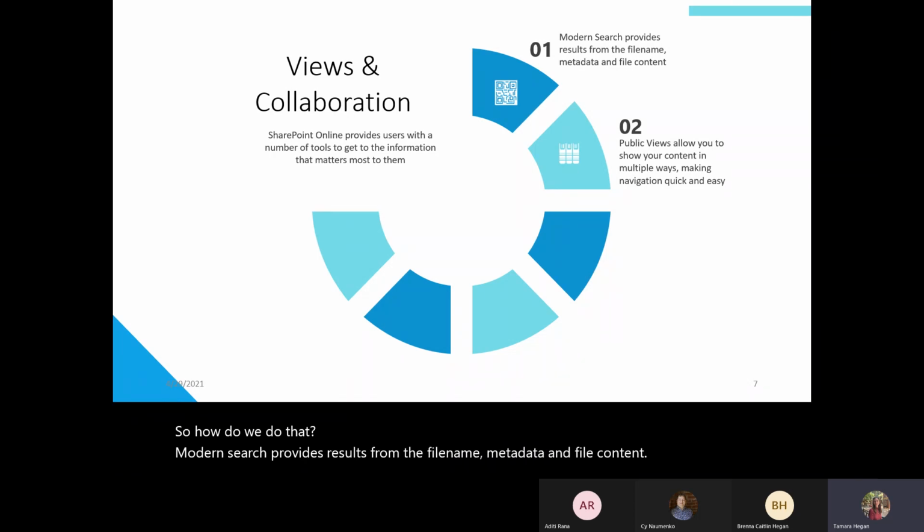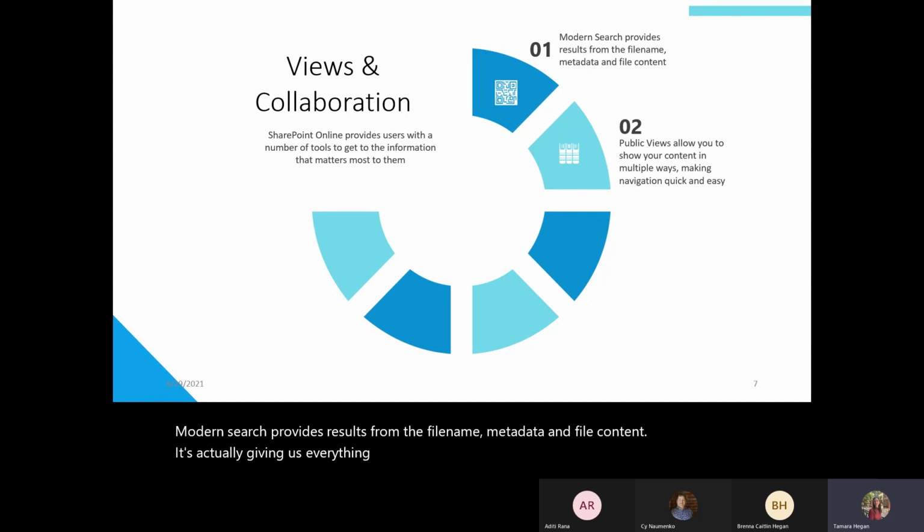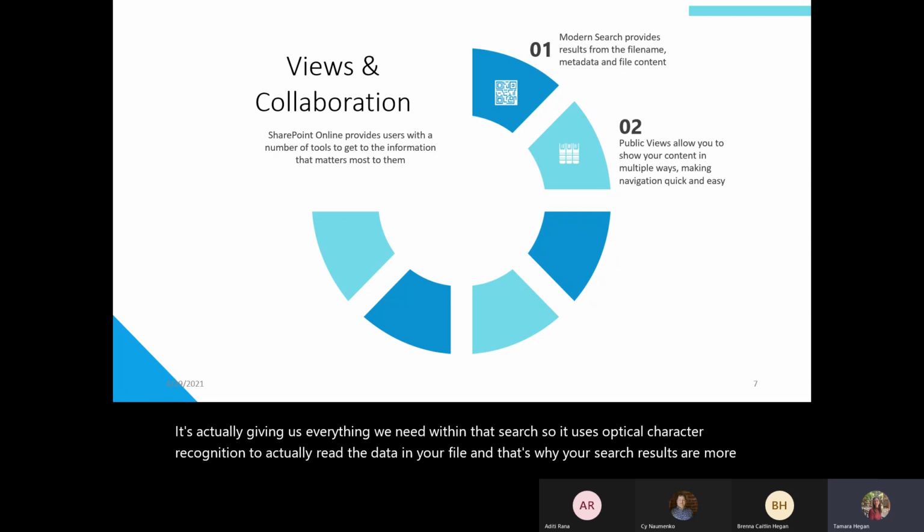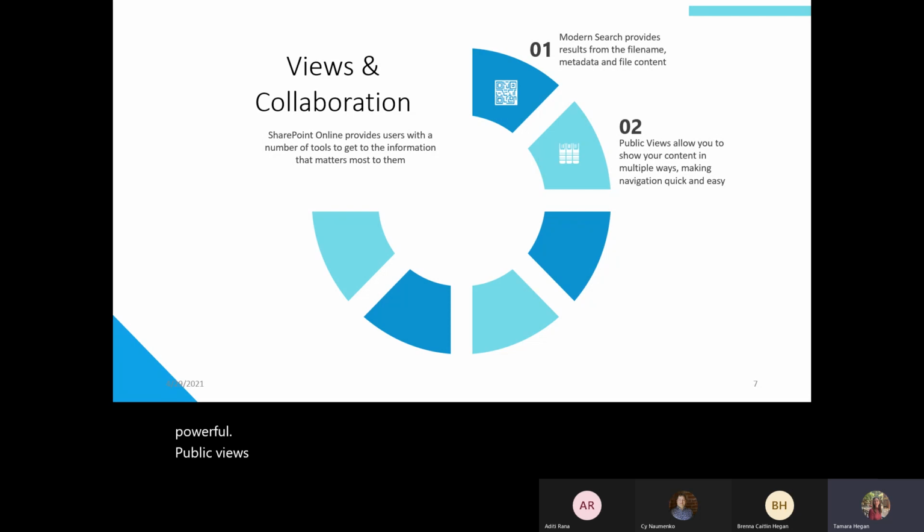It's actually giving us everything we need within that search. So it uses optical character recognition to actually read the data in your file, and that's why your search results are more powerful. Public views or business views allow you as the site owner to show your content in multiple ways, making navigation quick and easy.